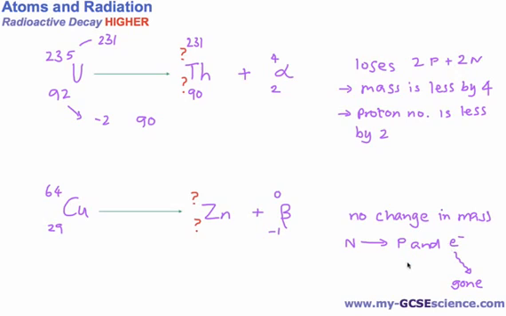So we have one more proton, but no change in the mass. So if we have one more proton, that goes from 29 to 30, and there's no change in the mass, so that stays at 64. And the atomic number that corresponds to an element is zinc, so zinc has 30 protons, so it now becomes zinc plus our beta particle here, which we say has a -1 in terms of its relative charge and a 0 in terms of its mass.